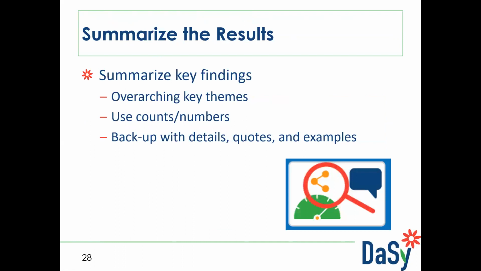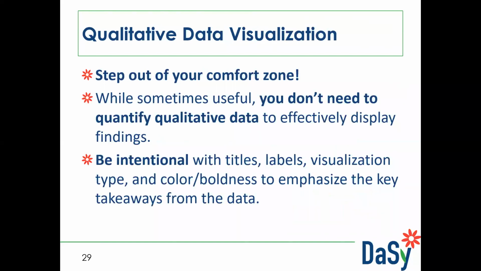And often with qualitative data, we're summarizing through those key overarching themes, like we talked about. Sometimes, not always, numbers are the best way to summarize the data. And often we'll want to back up whatever themes or numbers we pull out with more detailed findings and relevant quotes or examples. So we'll do those things, and then we'll get ready to create data displays.